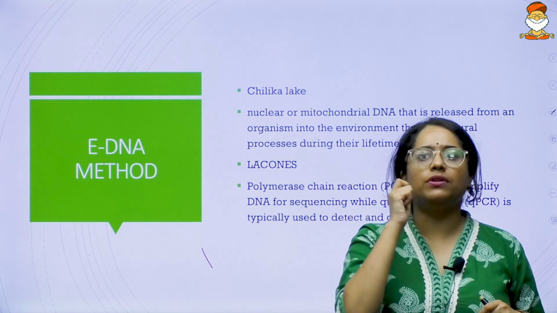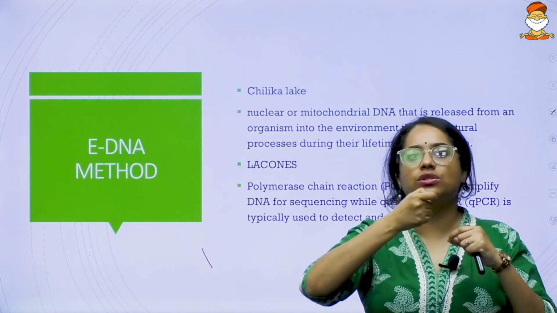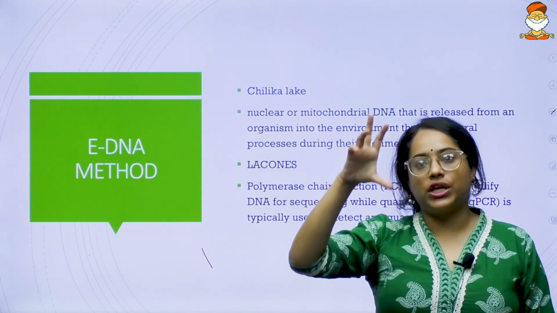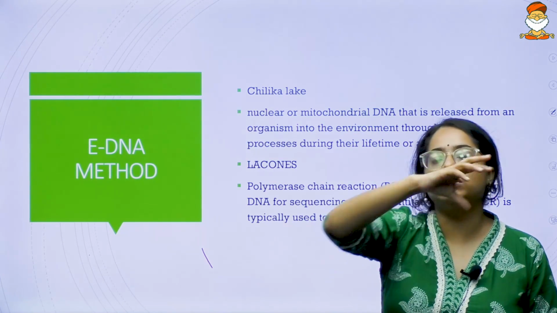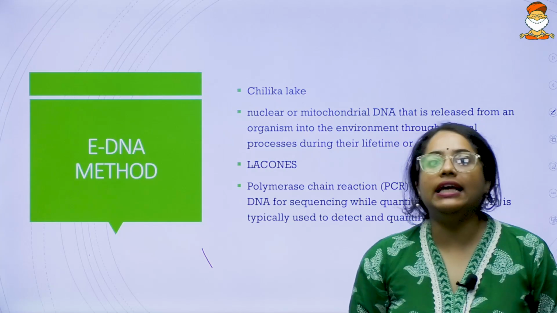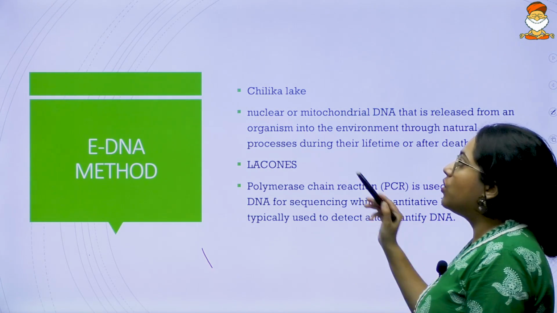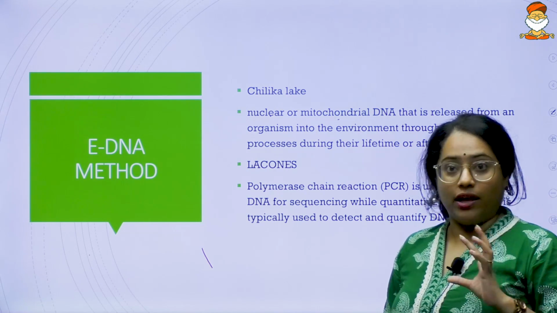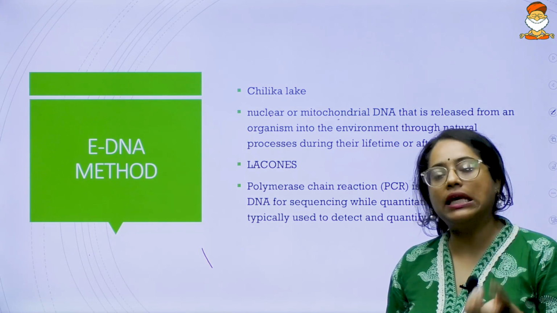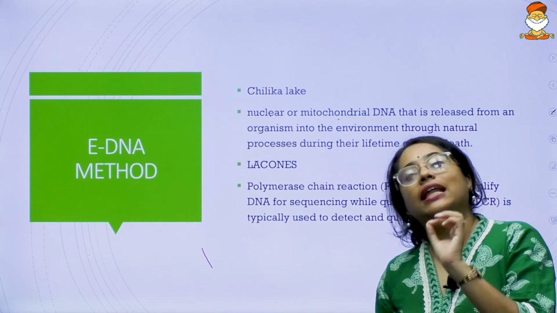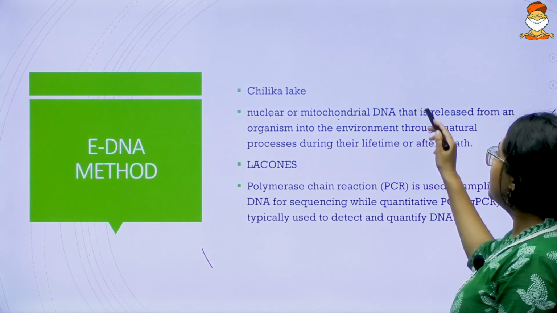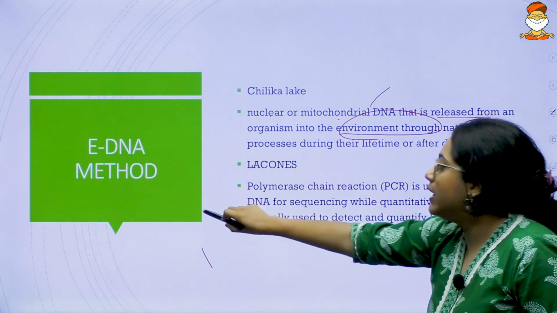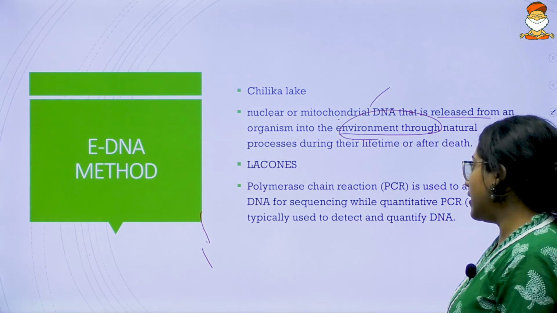It can be small samples of spores, hair, feces, anything from the body of animals, and they have stored these as the different genetic compounds from that area. The eDNA method is basically the collection of nuclear or mitochondrial DNA. In an animal's body, you will see genetic content in the nucleus and in the mitochondria. It is released from the organism into the environment, and we can collect this and study the species of this area.